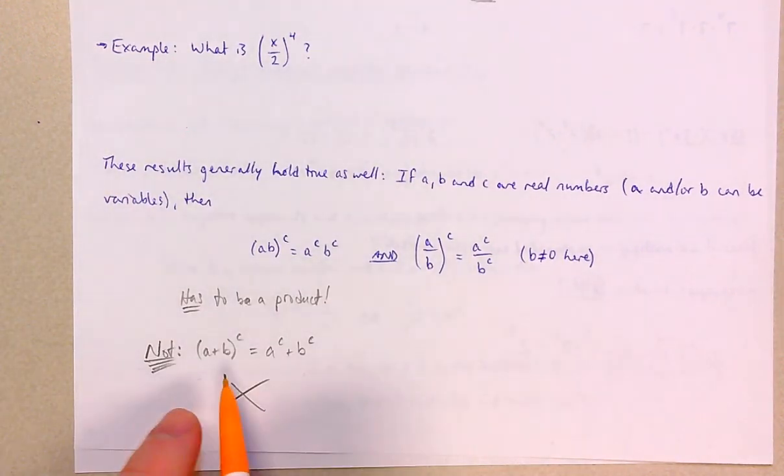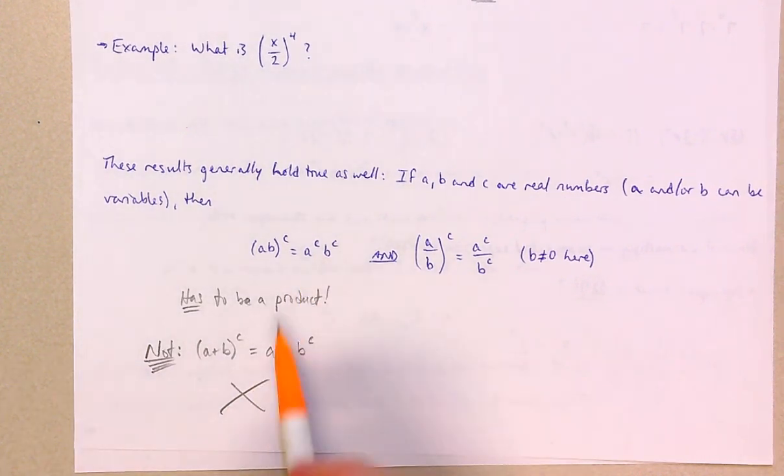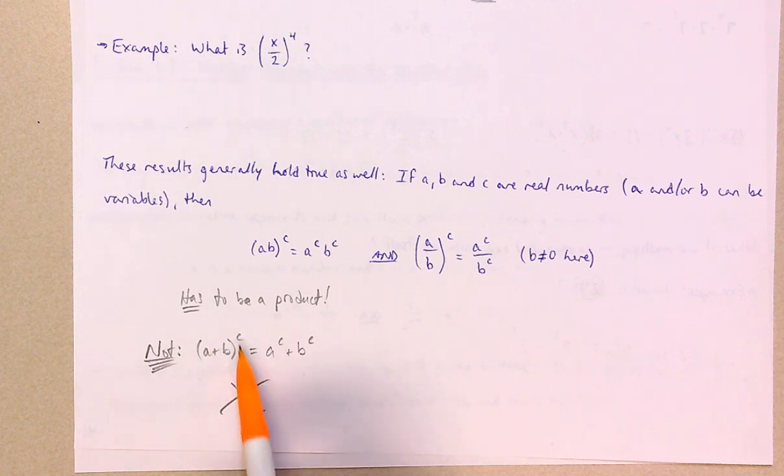If there's a plus sign in the middle, you cannot use this property. You cannot just distribute that power to each term or to each piece. If it's a product of things in your base, then yes, you can. Sum, no. Product, yes.